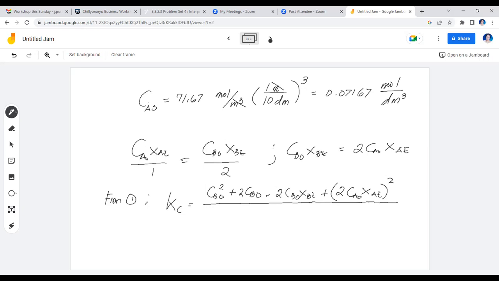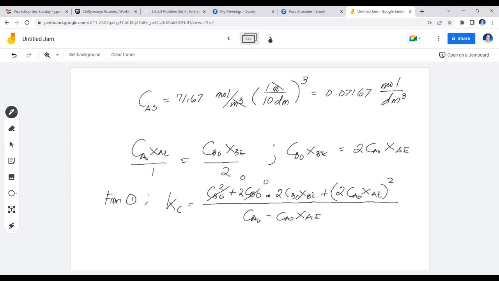Your denominator will be CaO minus CaO XAE. Now, we know initially that we don't have the product, so this would be 0. This could be replaced actually by 2 CaO XAE. However, the multiplier here, this multiplier of CBO, is 0.